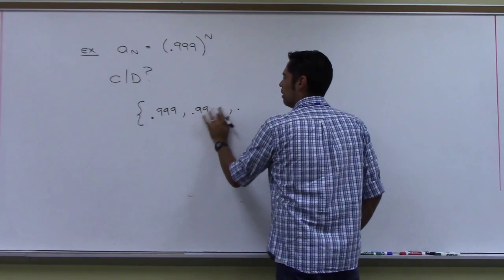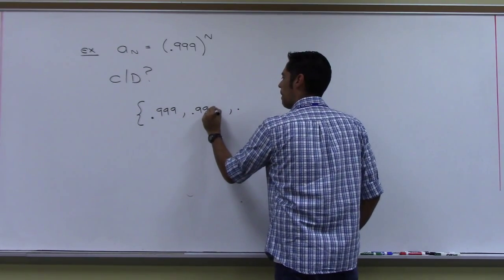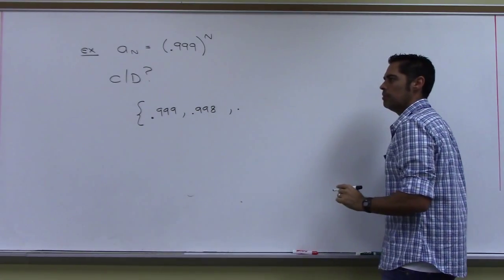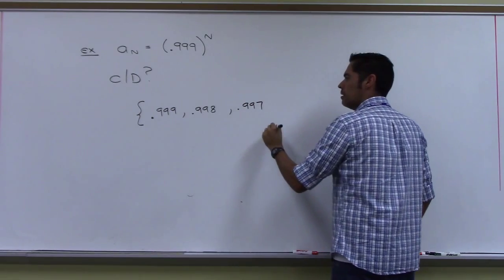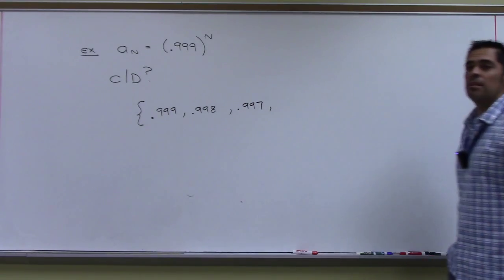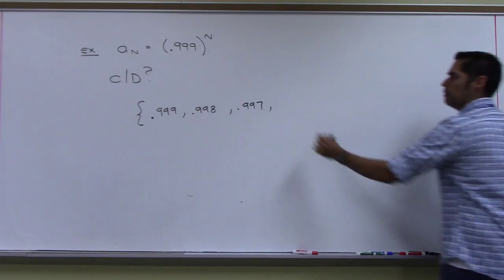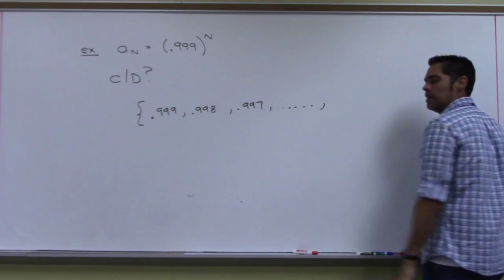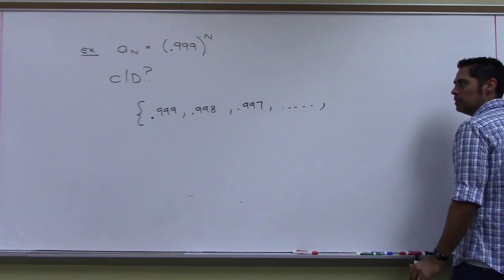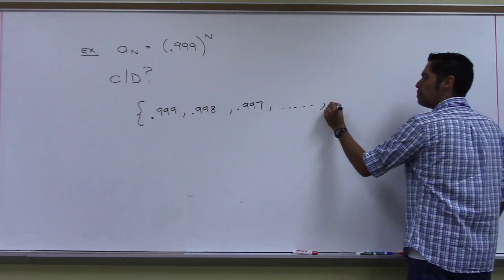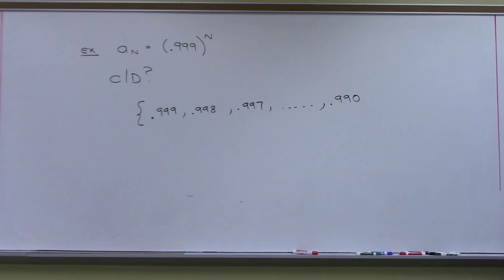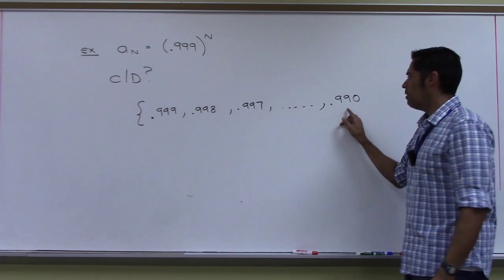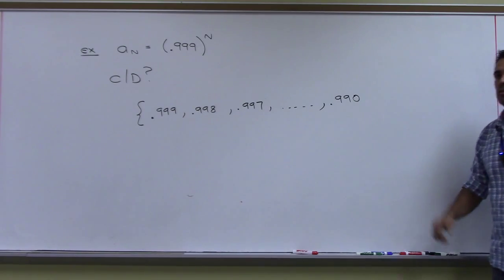Okay, do 0.999 to the 10th power. What do you get to the 10th power? What does it look like is happening here? These are getting smaller, aren't they? You want to go for it even bigger? How about 0.999 to the 100th? Can you do that?